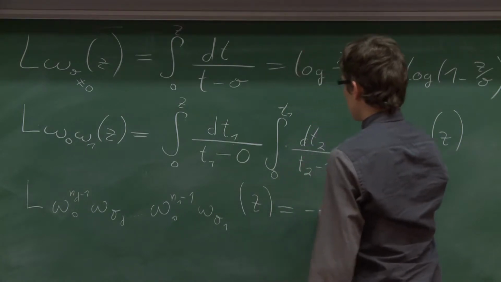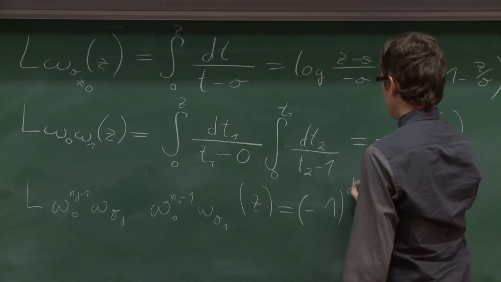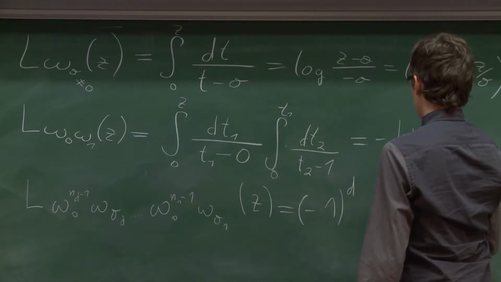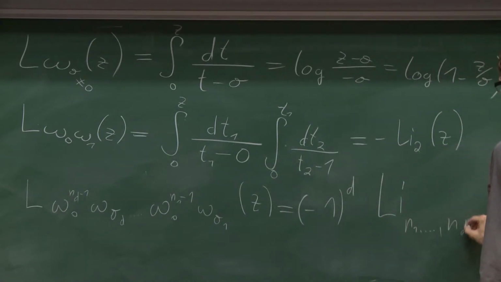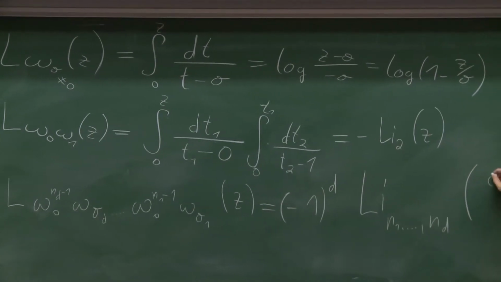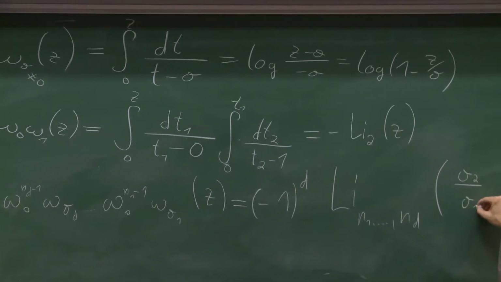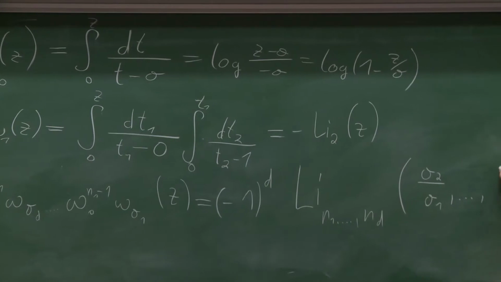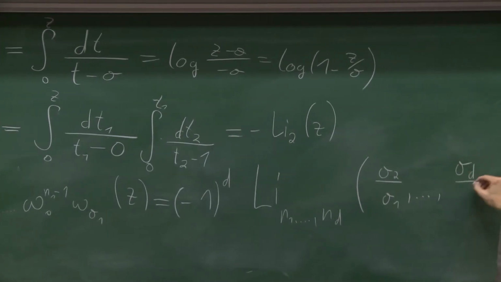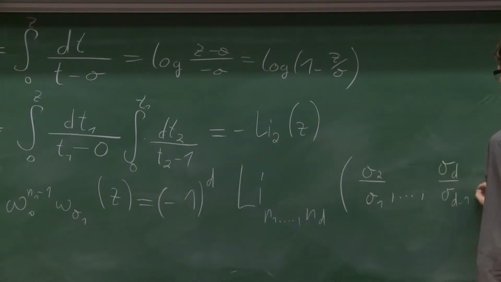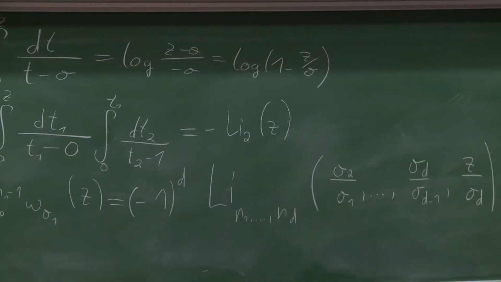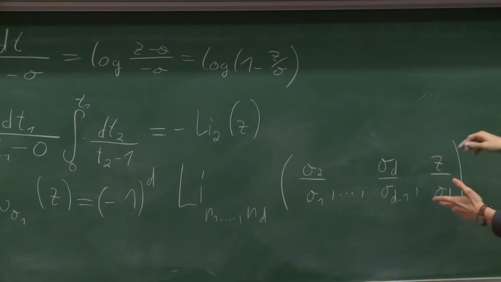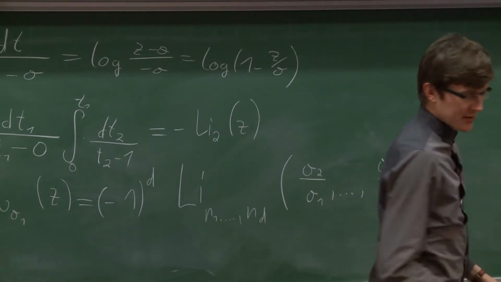Then this is the same as minus 1 to the d times the multiple polylogarithm with these indices, evaluated at the ratio of the non-zero letters. So we get all the multiple polylogarithms, just in a particular representation. This is the point.